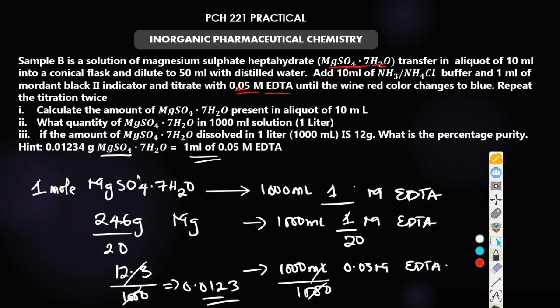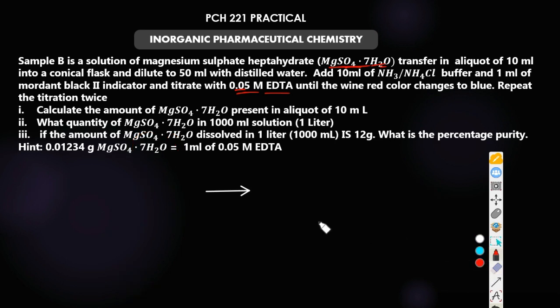If they say this was dried, it means you are no longer going to be using the word heptahydrate, because when you dry it, the water of crystallization will evaporate. Is that okay? But in case it is not dried, you actually use the heptahydrate as part of it. But the milli equivalent is already given to you, so you don't need to bother yourself too much about that. Is that okay?